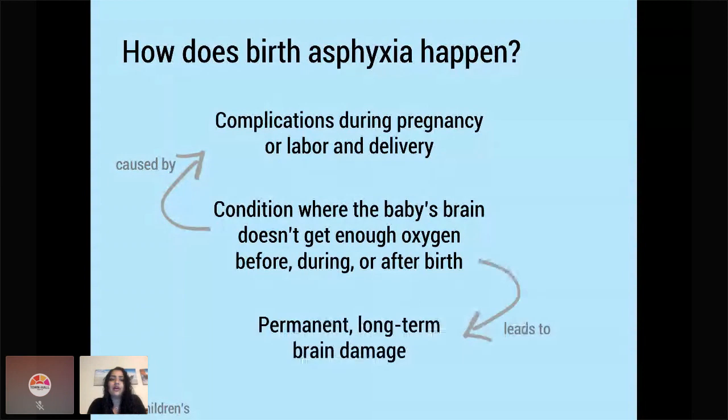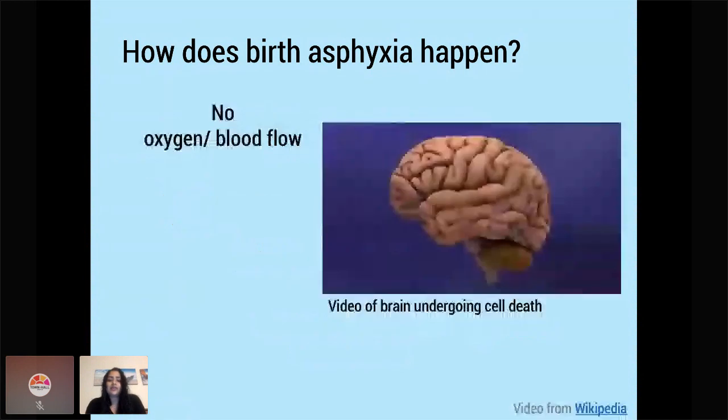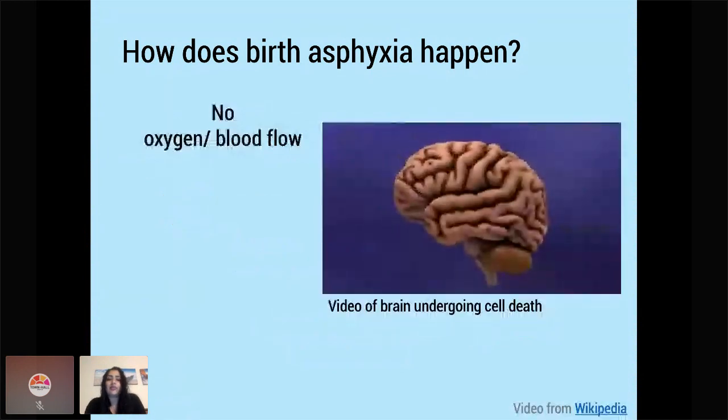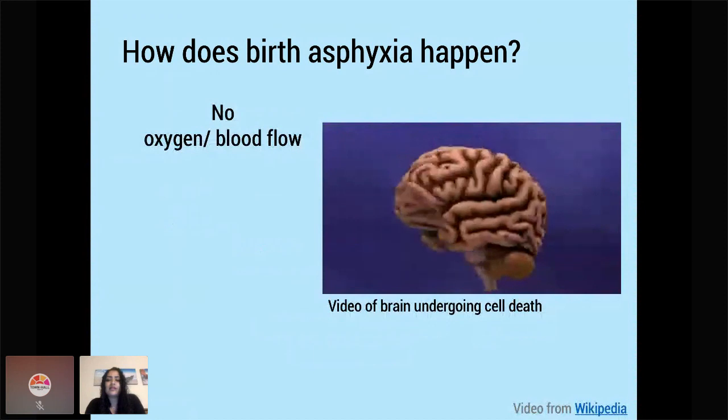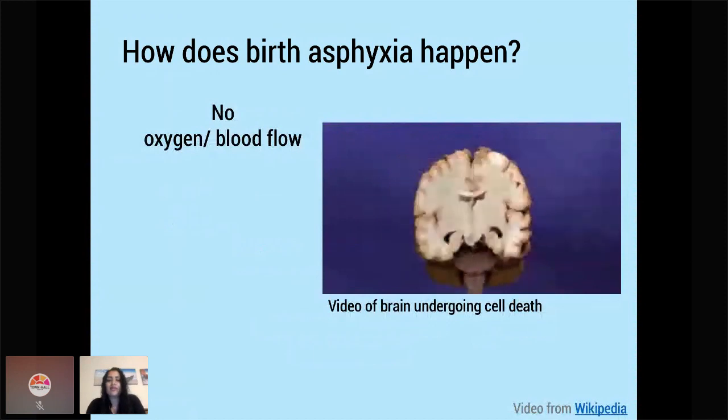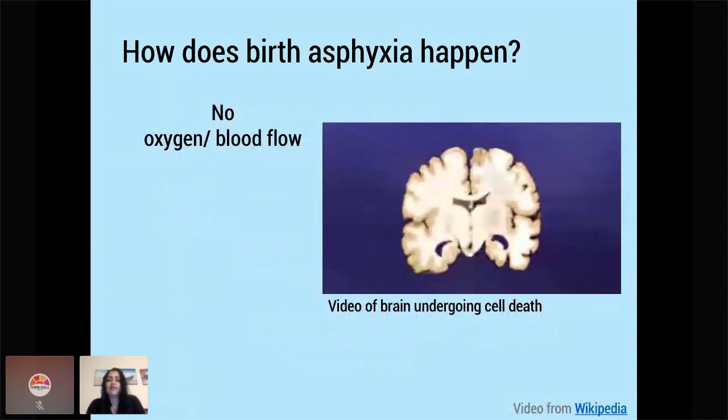As a result of birth asphyxia, babies can go on to develop permanent and long-term brain damage. Survivors of birth asphyxia often develop conditions like cerebral palsy, epilepsy, learning disabilities, or developmental delays that all carry a lifelong burden of disease. Taking a closer look at what's going on in the brain, it probably makes sense to you that a period of time without oxygen is going to be bad for your brain.